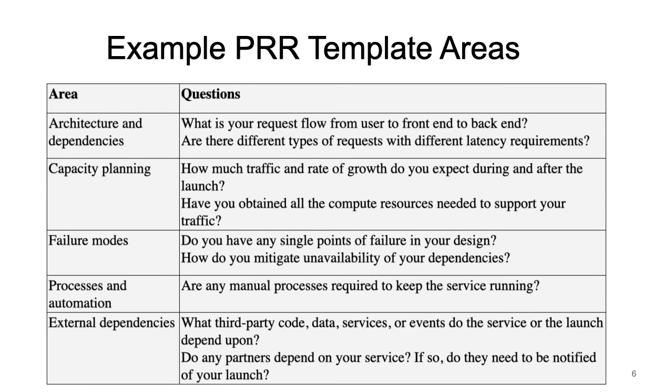It essentially addresses these areas: architecture and dependencies, like what is your request flow from user to front end and back end, or different types of requests with different latency requirements; capacity planning, how much traffic do you expect during and after the launch; failure modes, do you have any single point of failure in your design; process and automation, are there manual processes required to keep the service running; external dependencies, what third-party code or data services or storage you need, things like that.